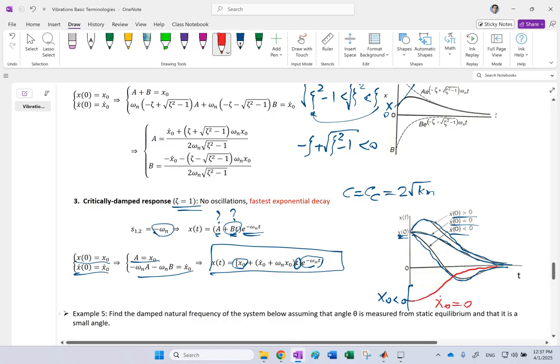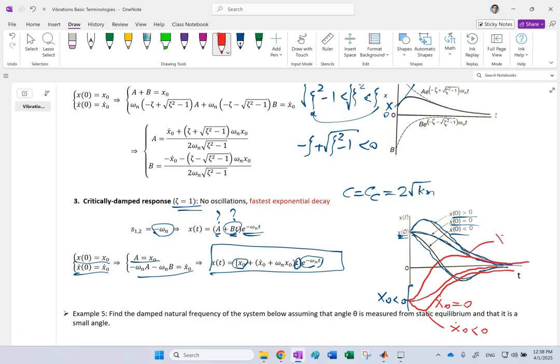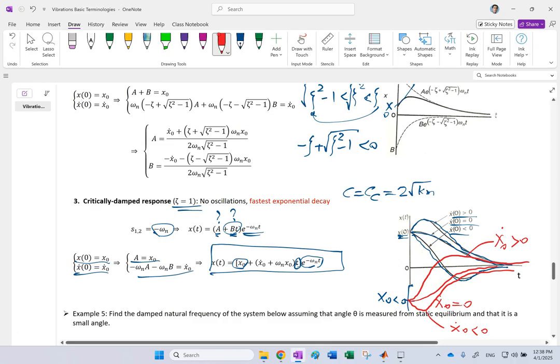If it's negative, you're going to get this. And if it's positive, you're going to get this. So you're going to get one overshoot. You pass that number 0, and then you go to 0.